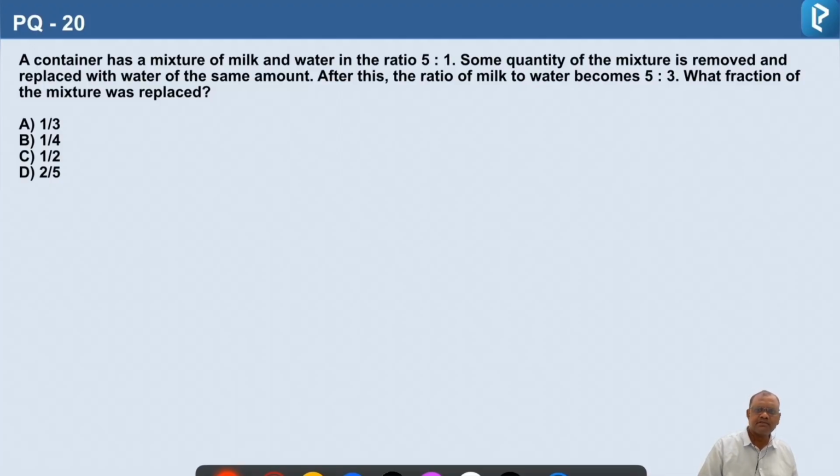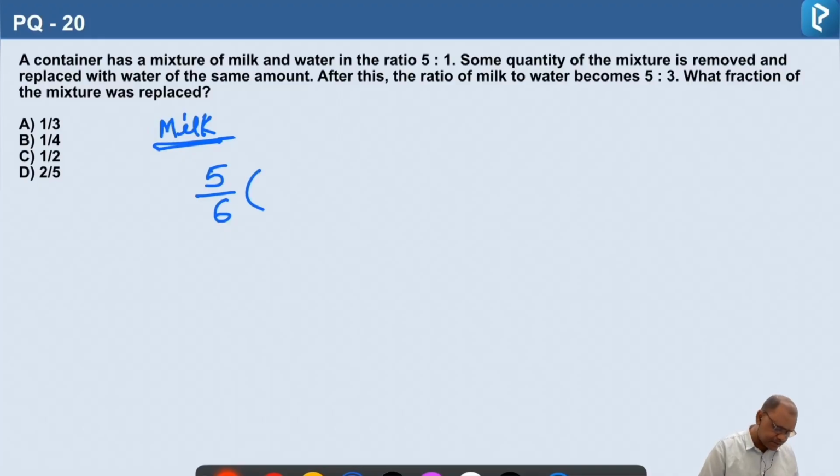So here also we will equate the concentration of milk. Milk concentration initially 5 is to 1. So that means 5 parts out of 6 parts.